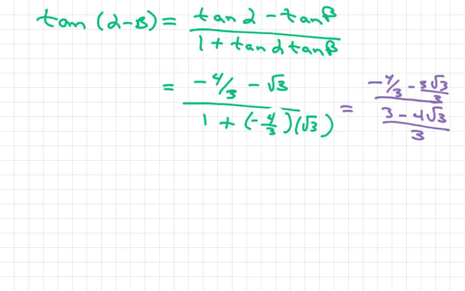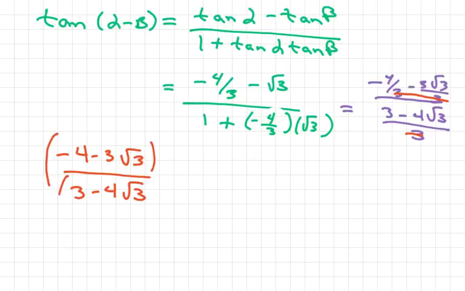And then what happens is the 3's cancel. So what you have is negative 4 minus 3 square root of 3 over 3 minus 4 square root of 3. Now what we want to do is multiply by the conjugate to get rid of that radical.